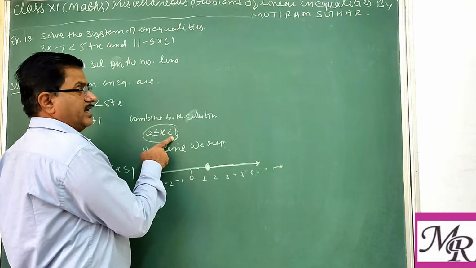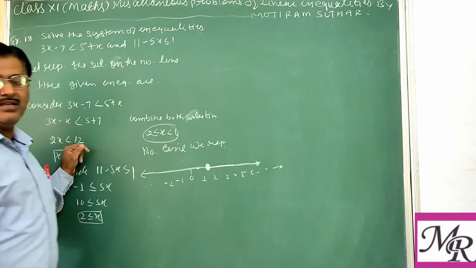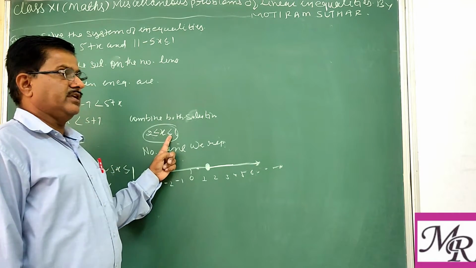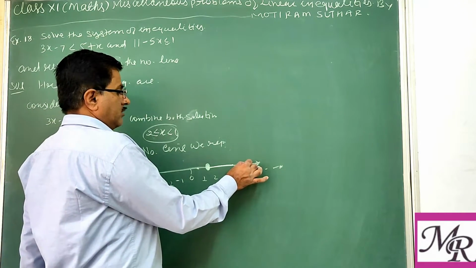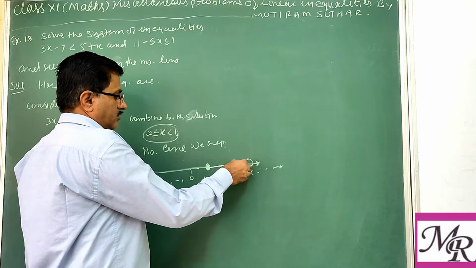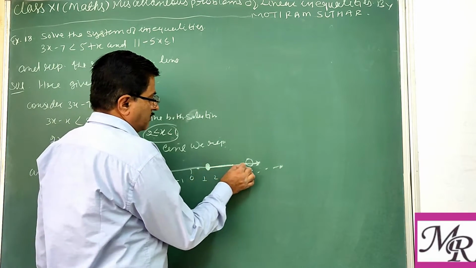But again it says x should be less than 6, but not equal to 6. Only less than sign, there is no equal to. So here we mark an empty circle like this at the point 6. So the solution is this.